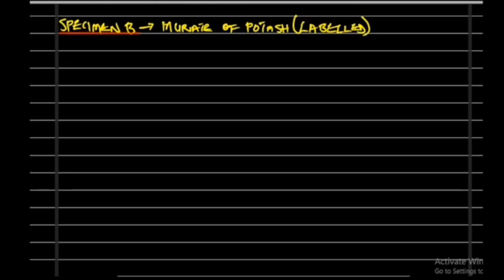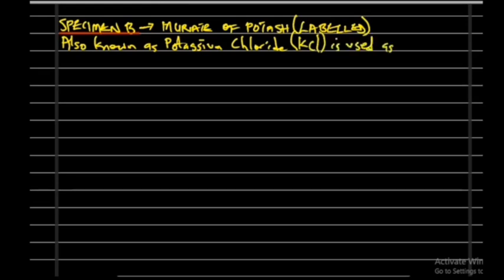Muriate of potash, also known as potassium chloride, is primarily used as fertilizer to provide potassium to plants.